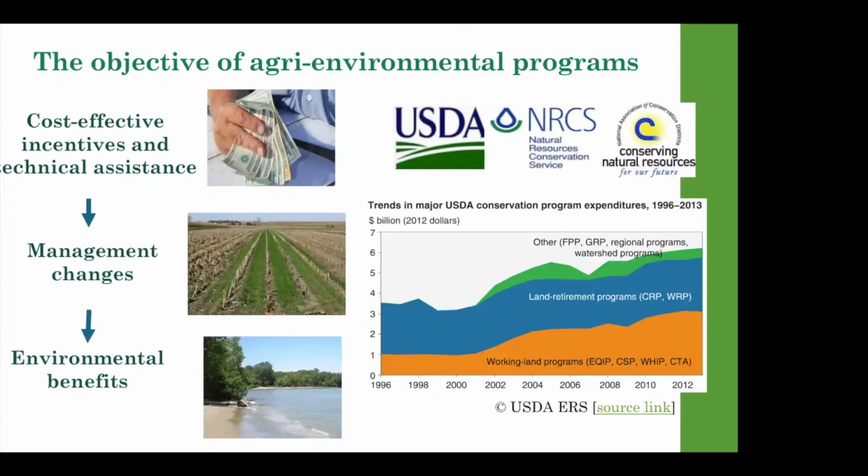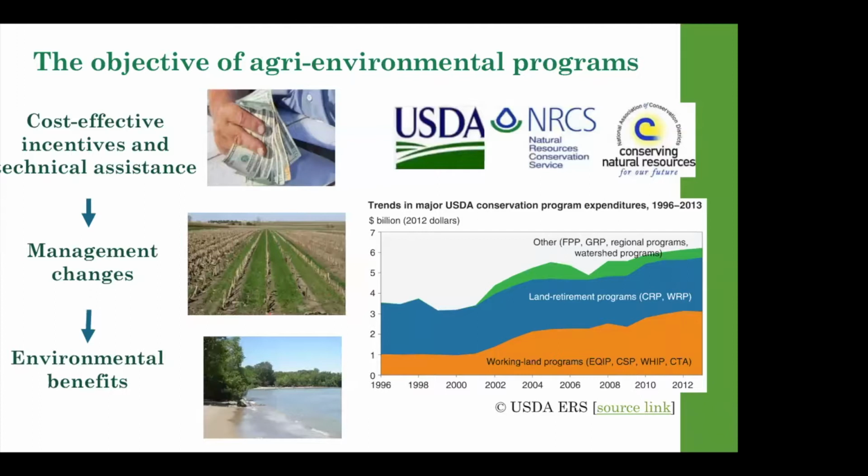These programs in which we want to design cost-effective incentives and use technical assistance in order to motivate these agricultural management changes that provide us with some sort of improvements in the environment, right?